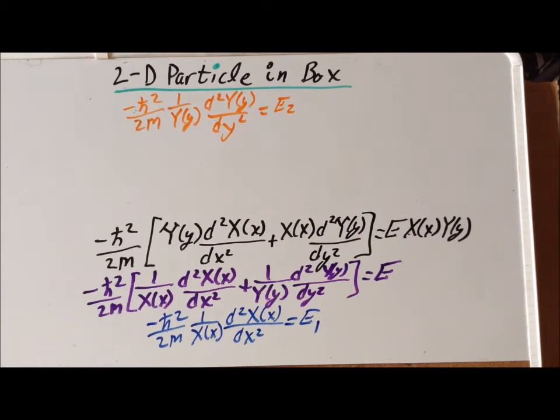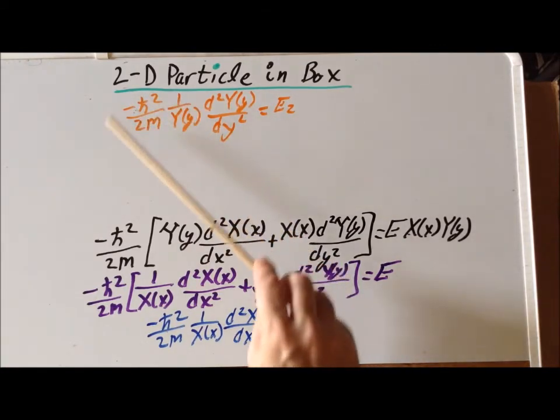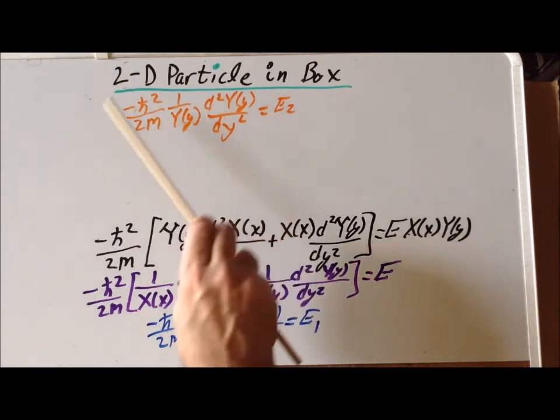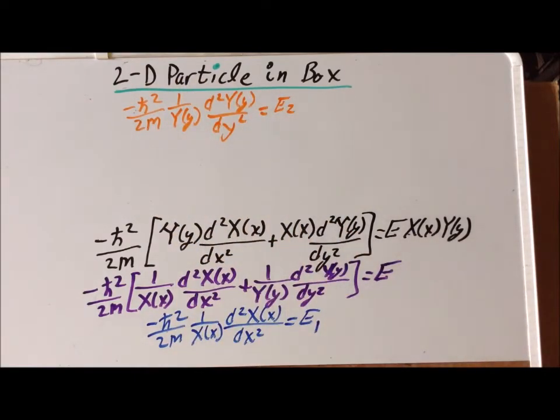Now we notice something quite interesting, and we'll just look at it for the case of y. So now that we've been able to break our original Schrödinger equation into two equations, one that just involves x, which we've written in blue, and one which just involves y, which is written in orange.